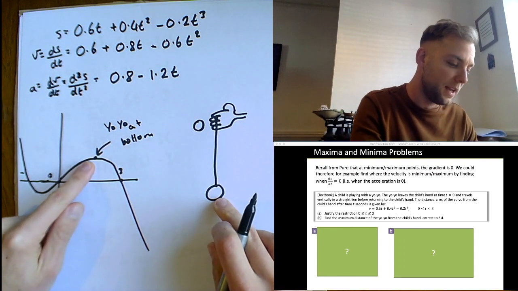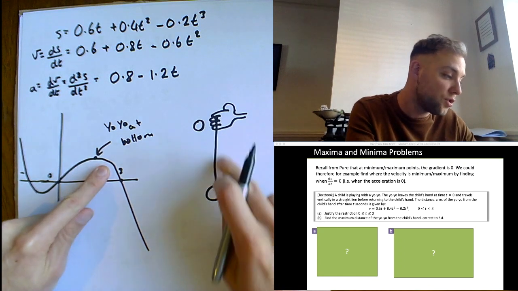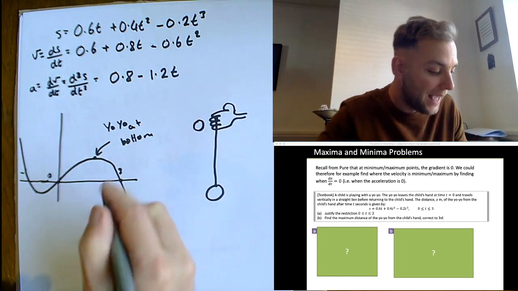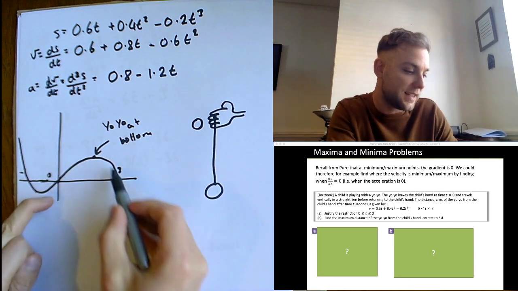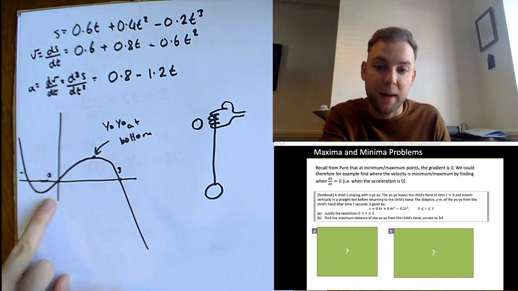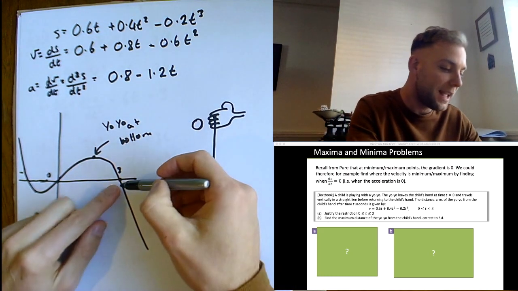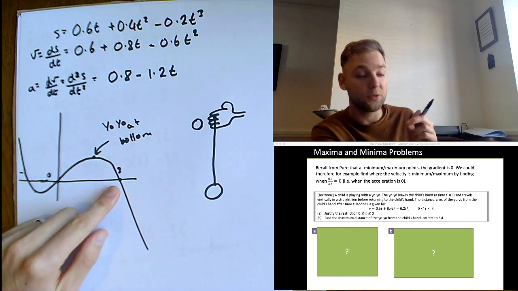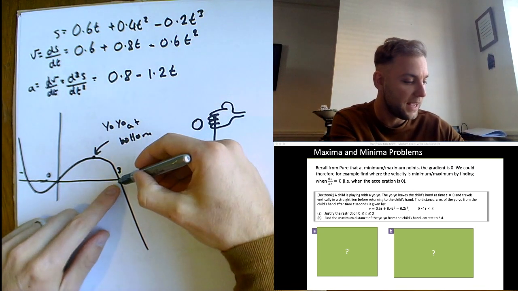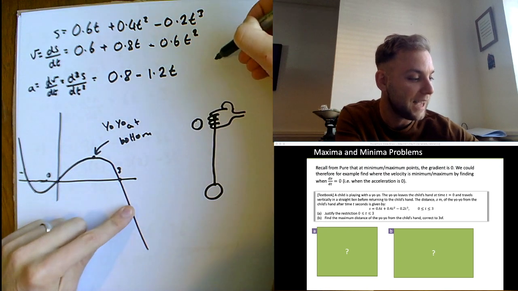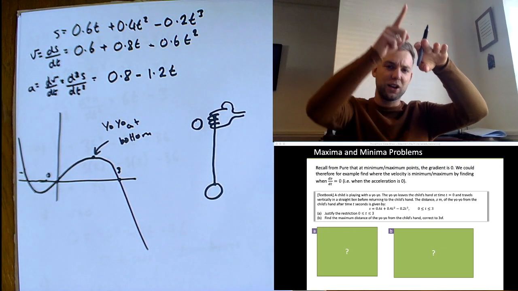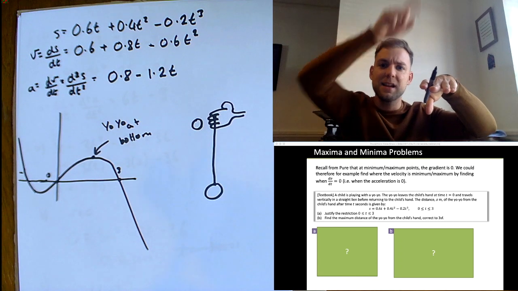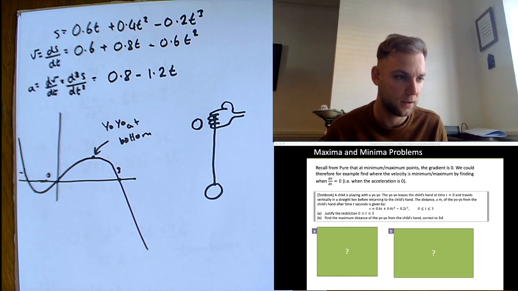And then what's happening is, as this gets closer to his hand, it's going to come back to here, and it actually comes back to his hand at 3. That's what this is telling me here. If it was to continue past 3 seconds, this means that it's going past his hand the other way. So it's going kind of down, up, but then the yo-yo's going past his hand, and this can't happen, okay?